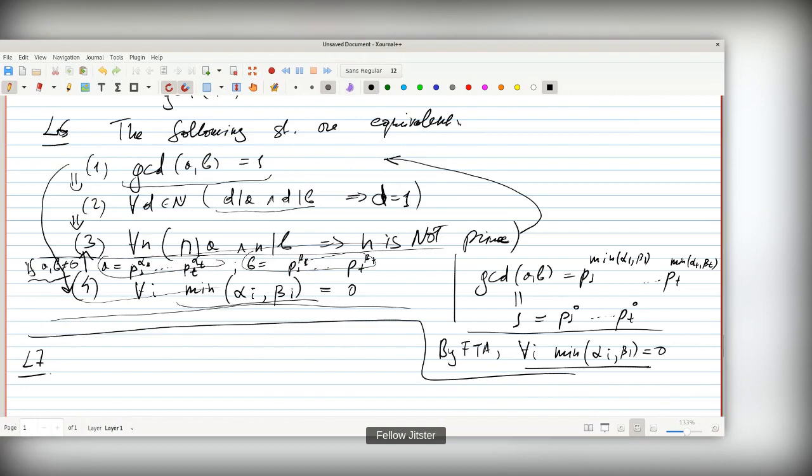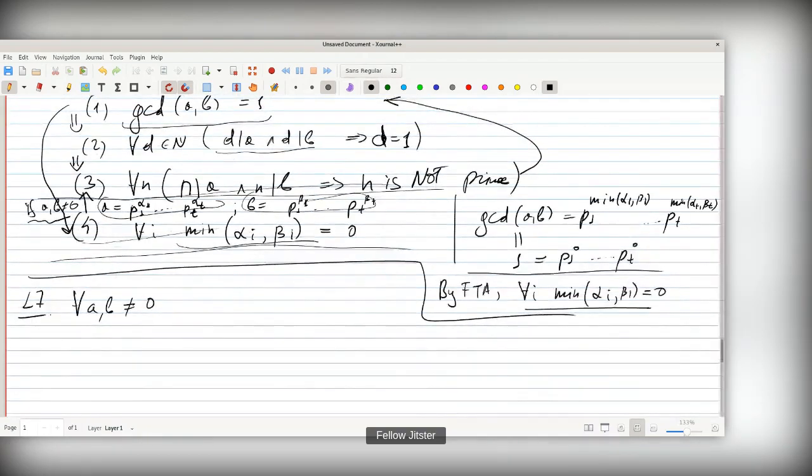Lemma 7. It is interesting that we may transform every two non-zero numbers into coprime ones in some unified way. So for every two a and b, which are not zero, the numbers a divided by the greatest common divisor of a and b, and b divided by the greatest common divisor of a and b, are coprime.